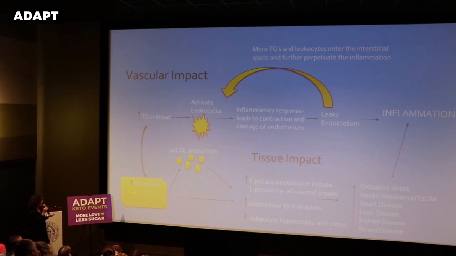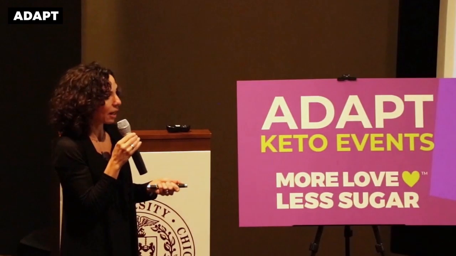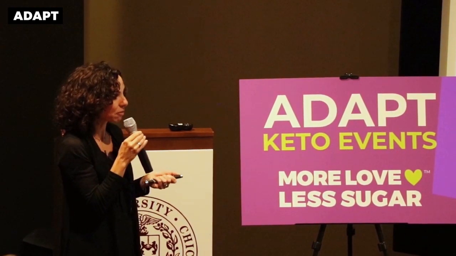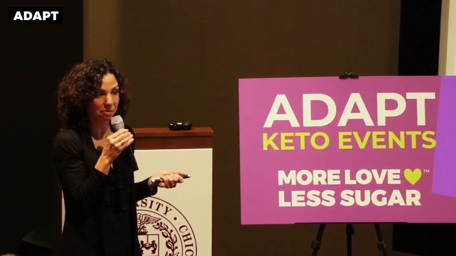And not only that, it's now acting on the liver to produce more of what we call small, dense LDL, which is that nasty stuff that actually can fit through those little leaky endotheliums. If we have big, fluffy LDL molecules, they can't squeeze through in between those endothelial cells that have contracted. And this will cause a bunch of fat to deposit inside the tissue around it, and a bunch of fat inside the liver itself and cause liver disease and fatty liver.